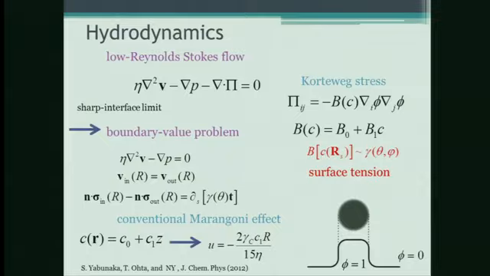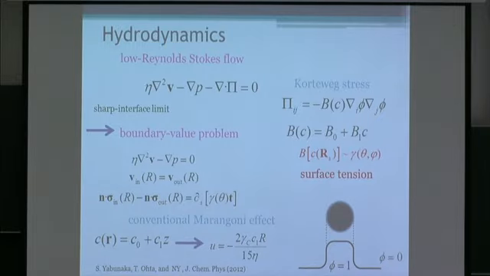There's force, and this pi, which is sometimes called Korteweg stress, arising from the surface tension of the system, and this B is roughly speaking a surface tension of this droplet, and we assume this surface tension is proportional to some concentration field C. And in the sharp interface limit, this grad phi is essentially a normal vector, so this means that this stress is something like surface tension times n_i n_j.